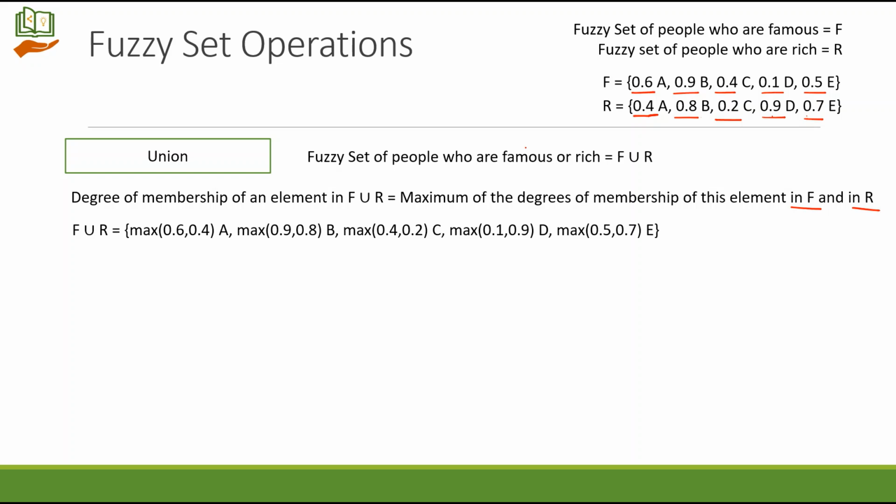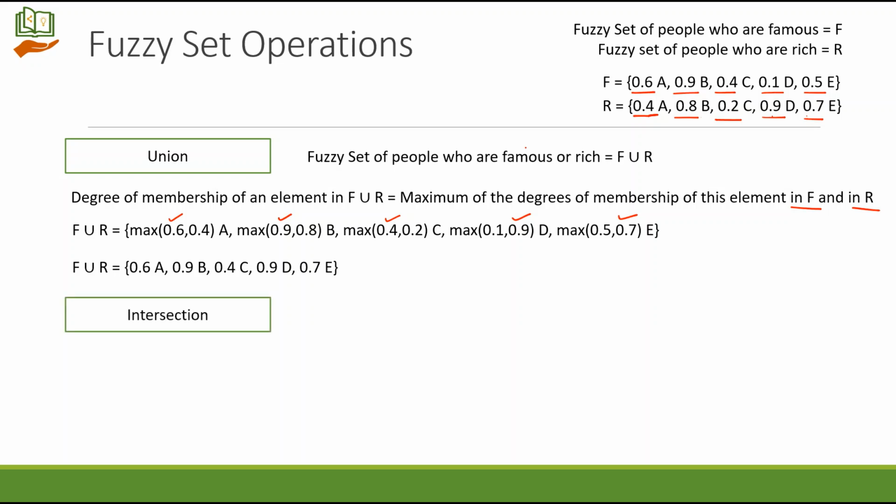So which is the maximum? 0.6 is maximum, 0.9 is maximum, 0.4 is maximum, 0.9 is maximum, 0.7 is maximum. So we will have F union R is equal to 0.6 for A, 0.9 for B, 0.4 for C, 0.9 for D, 0.7 for E. This will be the union operation result along with the degree of membership.